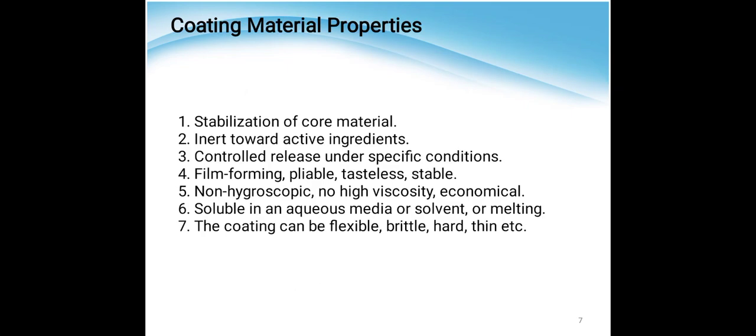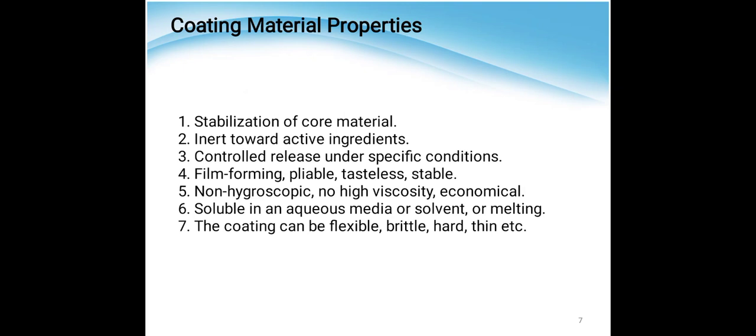Our next bit is, are all types of coating materials suitable to prepare microencapsulation? No. There are a few desired properties, a few desired criteria. If any coating material obeys them, then it can be used as a coating material. Let us see what exactly the desired properties of coating materials are.